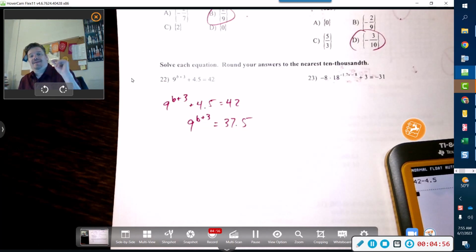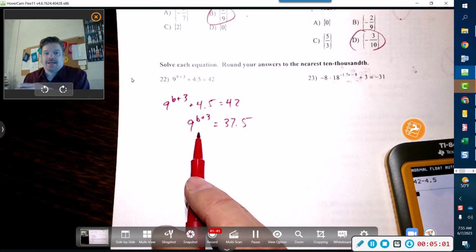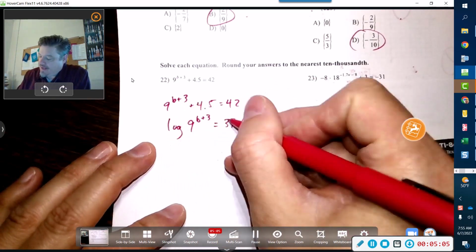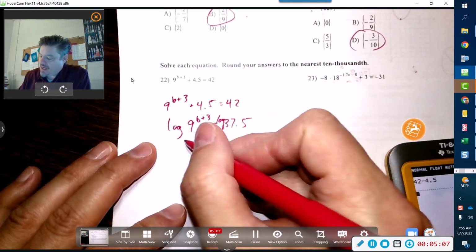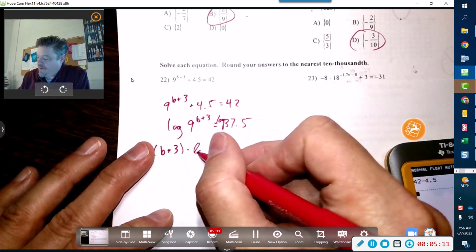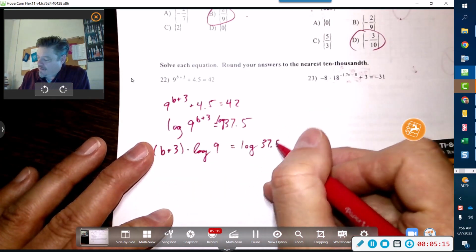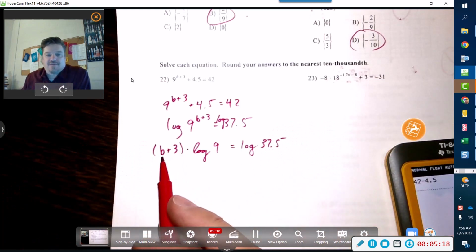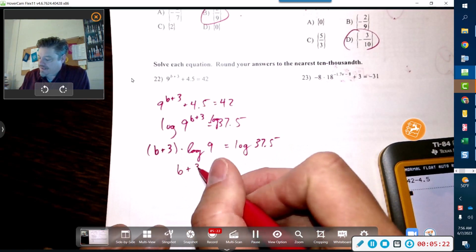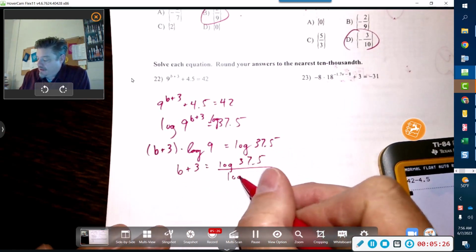Now, because the term that has the exponent is isolated, I'm ready to take the log. When I take the log of both sides, I can take this b plus 3 down to the front. This means it's being multiplied, so b plus 3 equals the log of 37.5 divided by the log of 9.